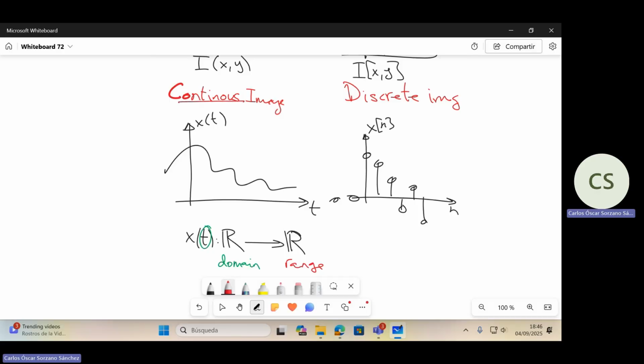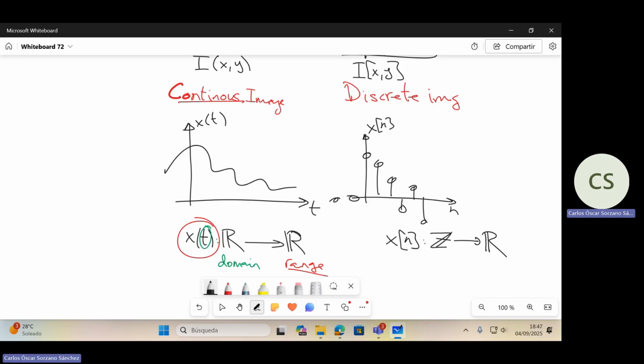So when you say continuous, you're referring to the range. Something is continuous because the range is continuous. All this is the range, the result. What about a discrete image? A discrete image, x of n, goes from an integer to some real value.